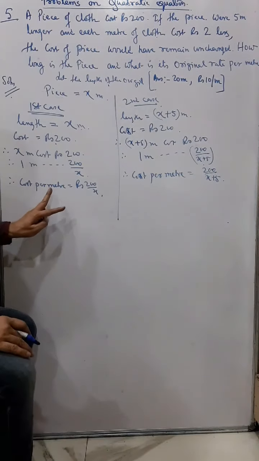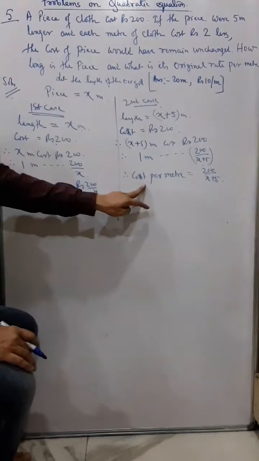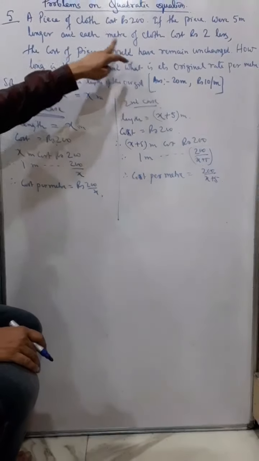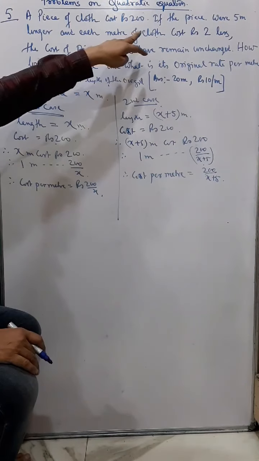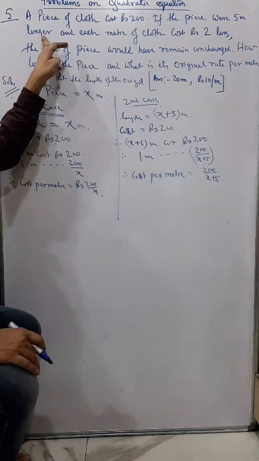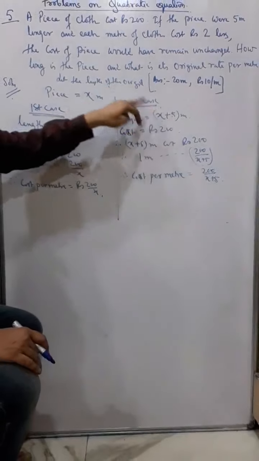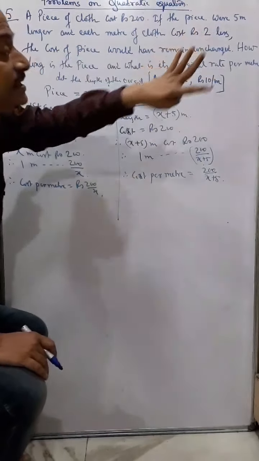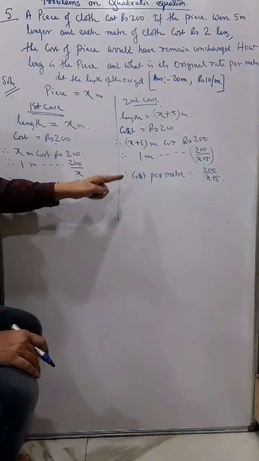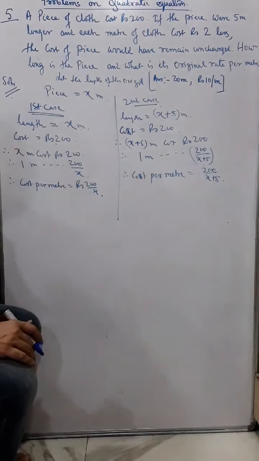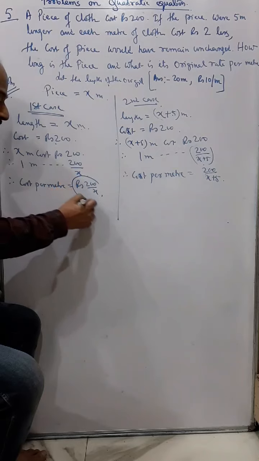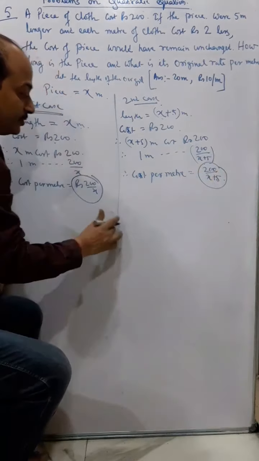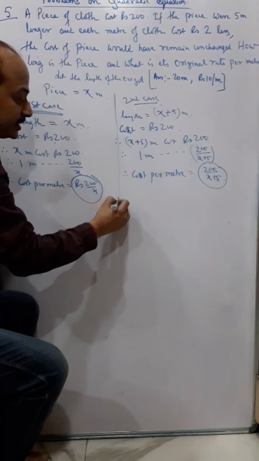The cost per meter in the first case is this, in the second case 200 by x plus 5. But what they told in the second case is that the piece is 5 meters longer and each meter of cloth costs rupees 2 less. So per meter cost is rupees 2 less than the previous one. So with respect to this, the cost is 2 rupees less. Therefore from here we get the equation.